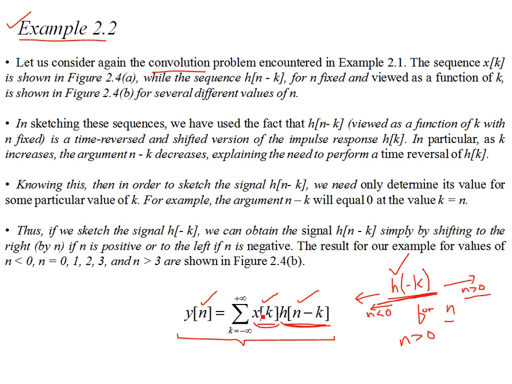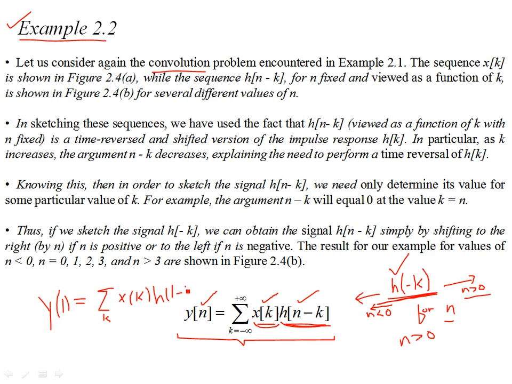So what does this expression mean? For y of 1, my expression becomes the summation over k, so I have to sum all the samples over k, of x of k and h of 1 minus k.